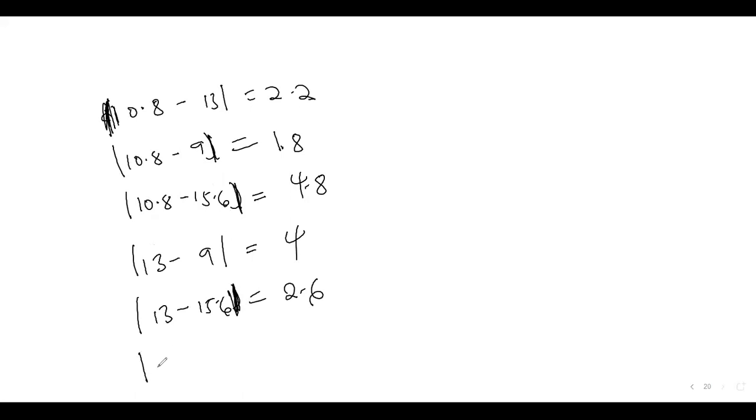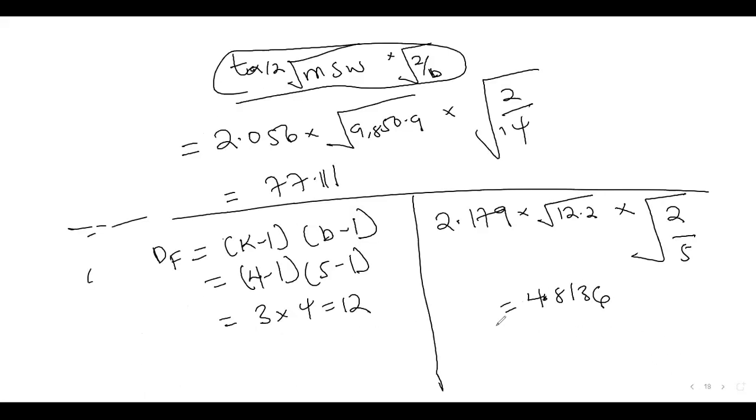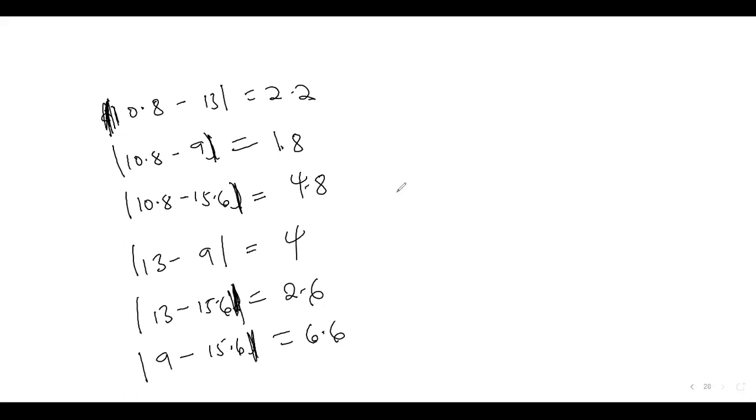Then group 3 and 4, 9 minus 15.6, absolute, which was 6.6. All the figures are absolute, we ignore negatives. We are going to compare these figures to the least significant difference and then make a decision.